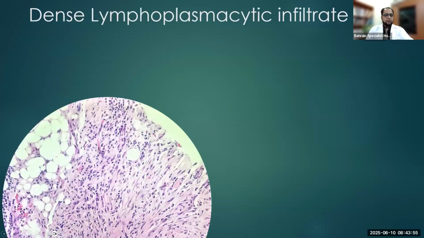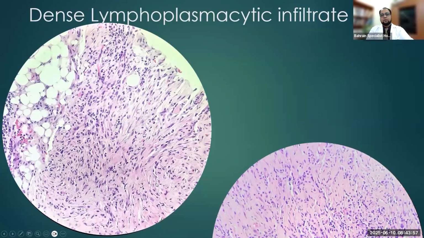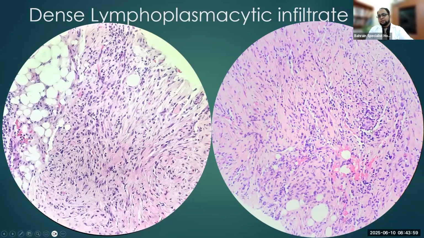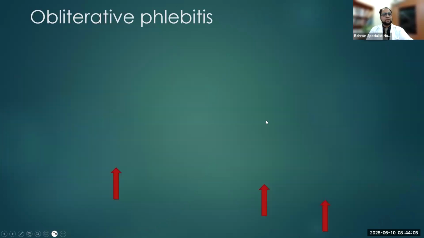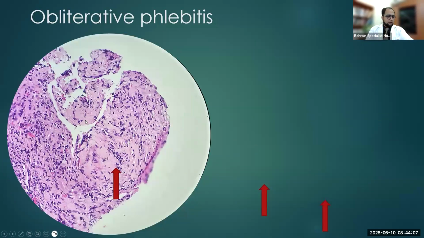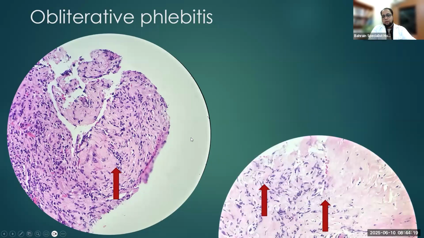And there was a dense lymphoplasmacytic infiltrate, and there was some destruction of vessels, a few extravasated RBCs, and the vessel lumina were completely obliterated, and there was a classical obliterative phlebitis pattern with veins with collapsed lumina and damage of the wall.